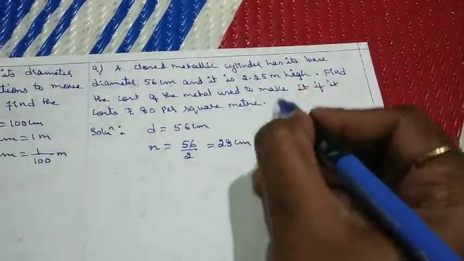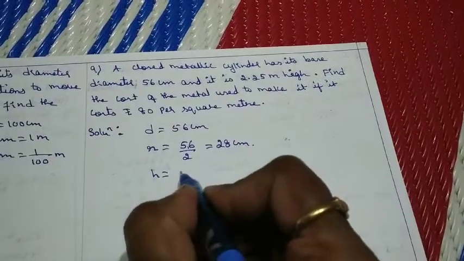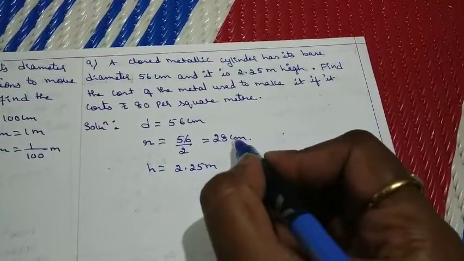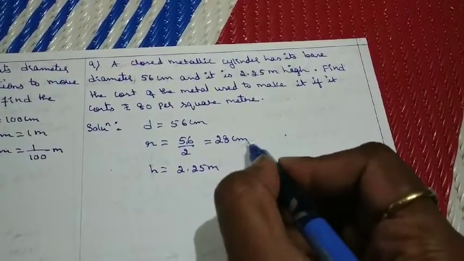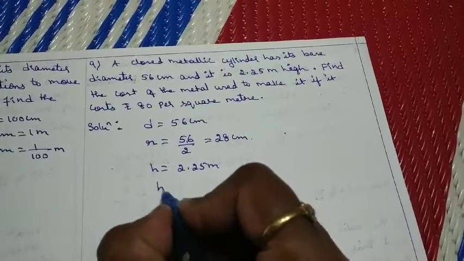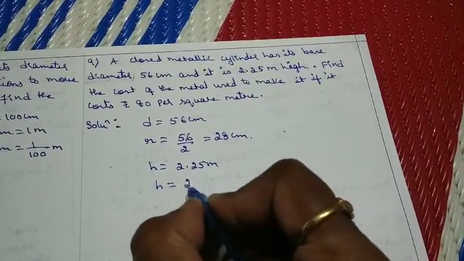And the height is 2.25 meters. Here the radius is in centimeter, and the height is in meter. We know that 1 meter is 100 centimeter.